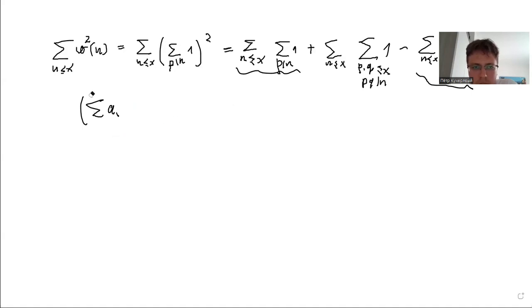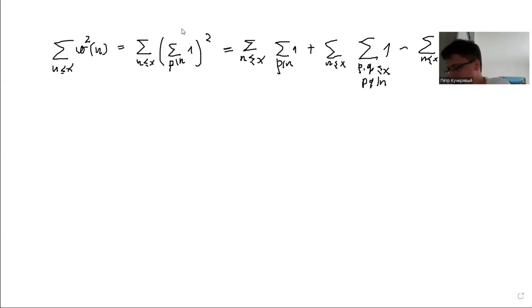Okay, let us compute the main term, and I think this remainder term you can estimate by yourself. Okay, what's this main term? I think here it will be useful to use the Dirichlet hyperbola method. I think you know something about it from the lecture, yes?